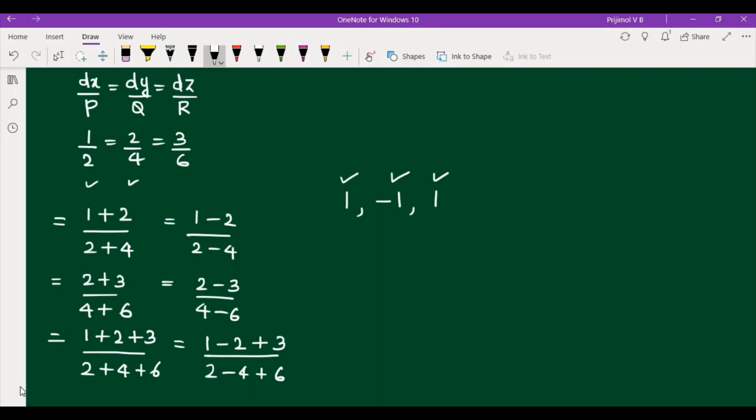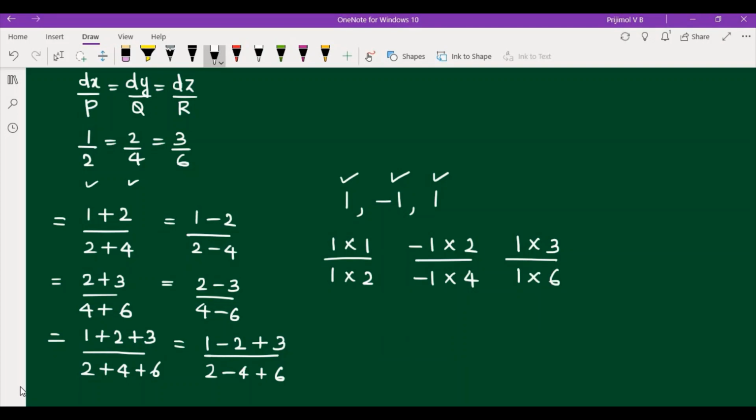If you are multiplying 1 for the numerator and denominator in the first ratio, say 1 into 1 divided by 1 into 2. In the second ratio, I am multiplying by minus 1. So minus 1 into 2 divided by minus 1 into 4. In the third ratio, I am multiplying again by 1. So 1 into 3 divided by 1 into 6.